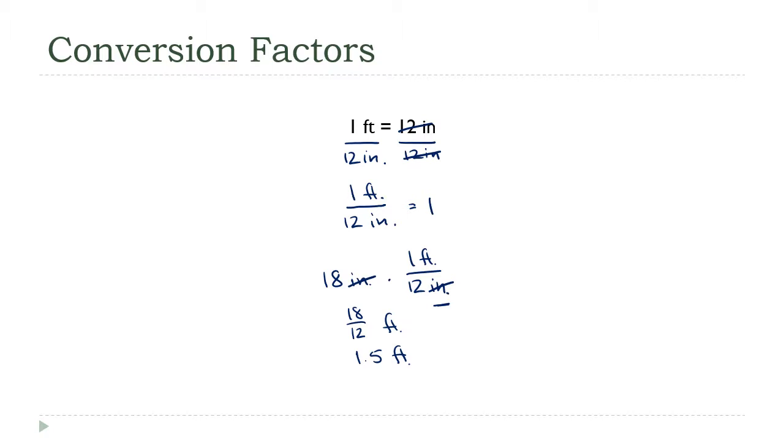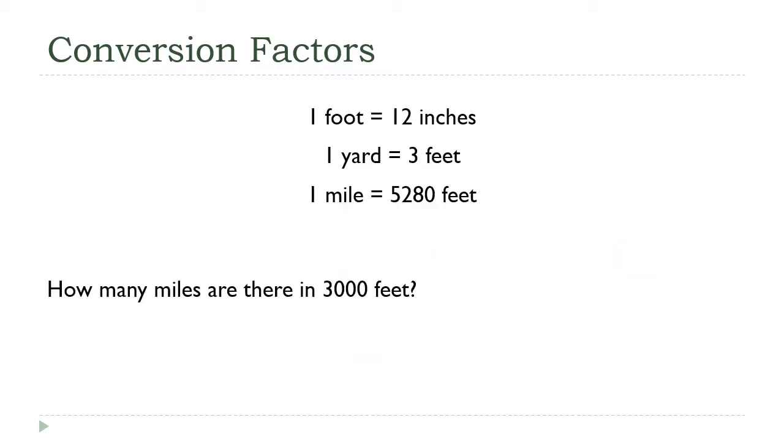And on the other hand, if I wanted to convert, for example, 1.5 feet back into inches, I would put the feet value on the bottom and the inches value on the top. So hopefully you're catching on that the key to this whole process is knowing these conversion factors, that is, these matched pairs of units.